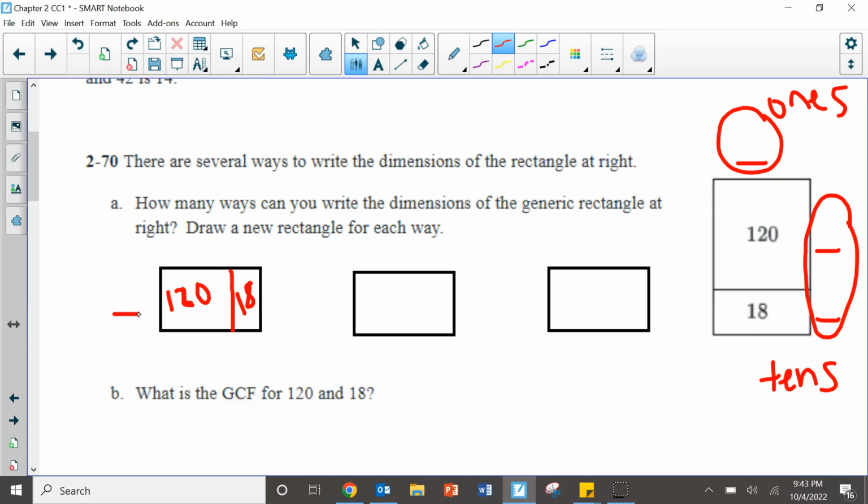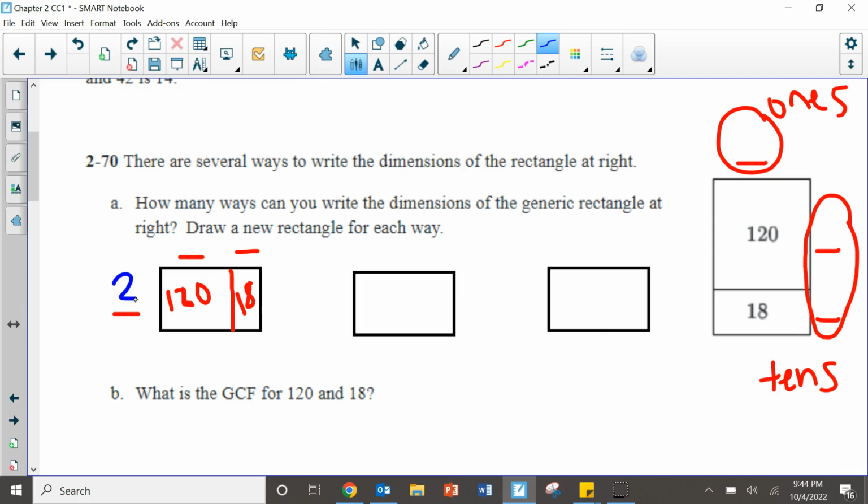That will give me a 1-digit by 2-digit number that gives both 120 and 18. They're both even, so I know 2 can go into both of those numbers.